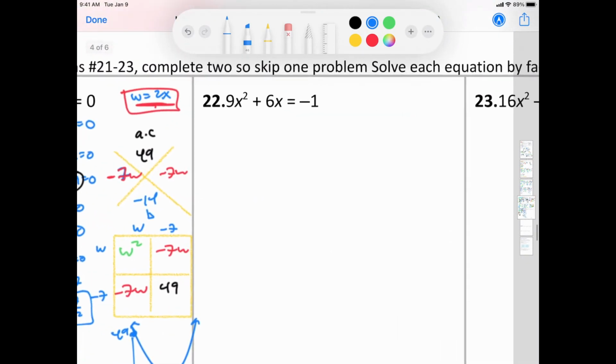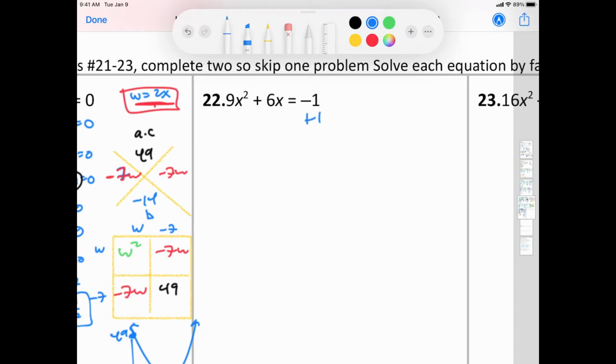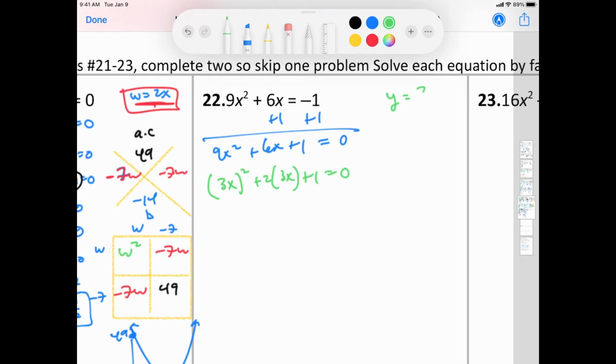All right, number 22. 9x squared plus, don't do 7x, that's 6x plus 1 because they're not like terms. And then pick your favorite variable. I'll call mine y. Why, Mr. Ing? Why did you pick that? Well, if I put 3x in here, I'm trying to get the ones in parentheses to be the same, because then I can do this.